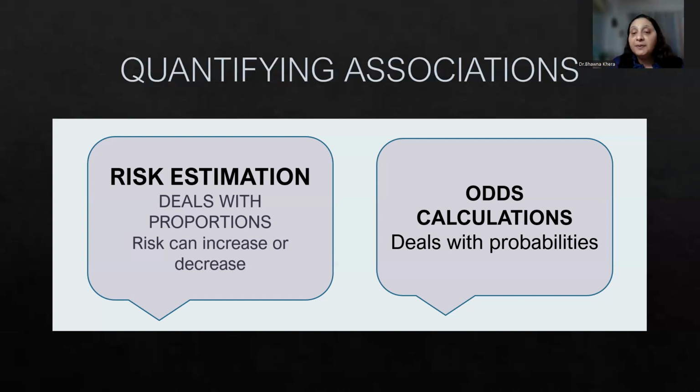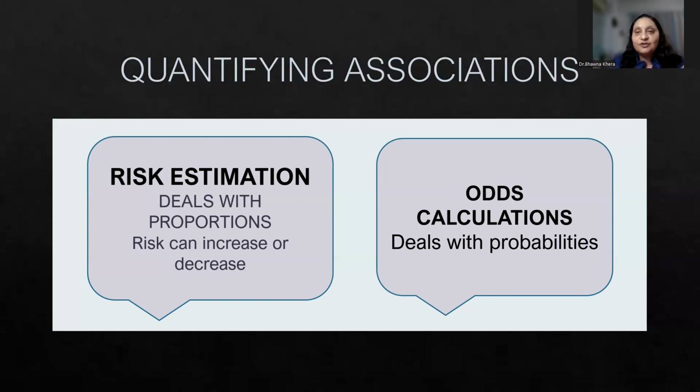What is the probability of an event happening in a population? Risk estimation is more correct, while odds is sometimes an overestimated figure. But in case control studies, we cannot do risk estimation. Therefore, we need odds calculations. I hope I answered your question.